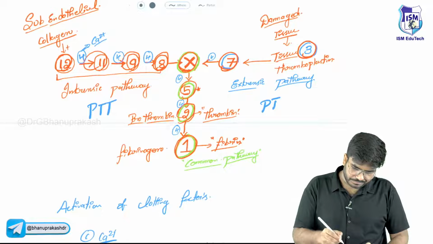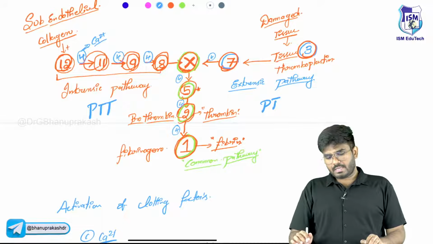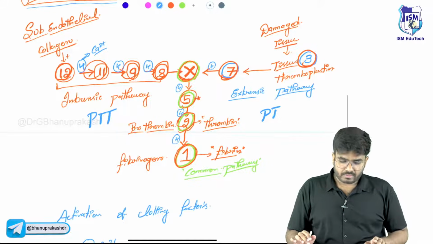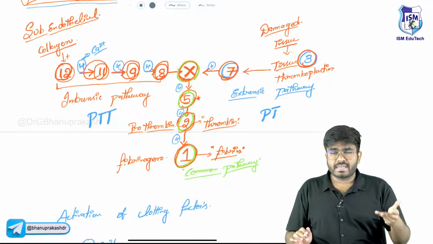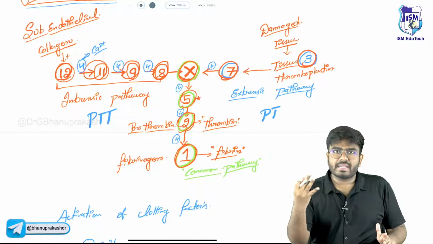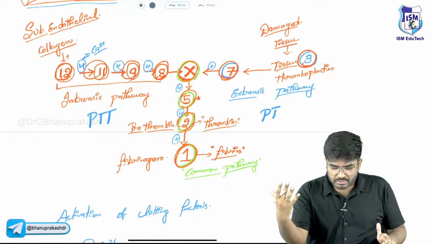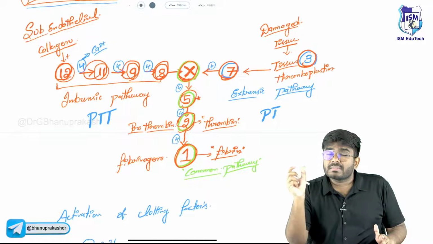Some students will have a doubt, sir, everything is okay. 1, 2, 3, 4 is there, 5, 6 is not there, 7, 8, 9, 10, 11 is also there, 12 is there, but where is the 13th one?